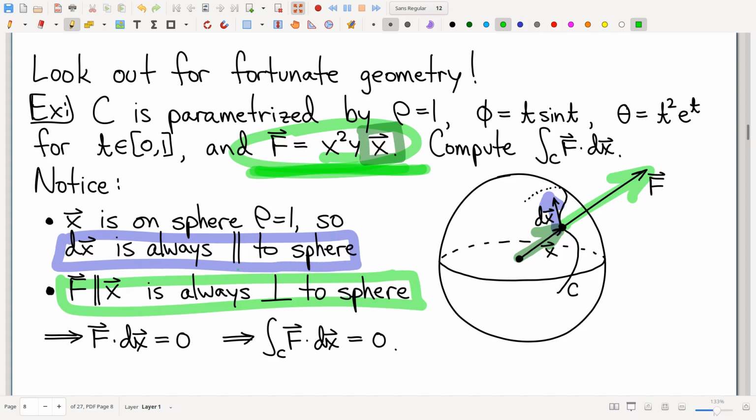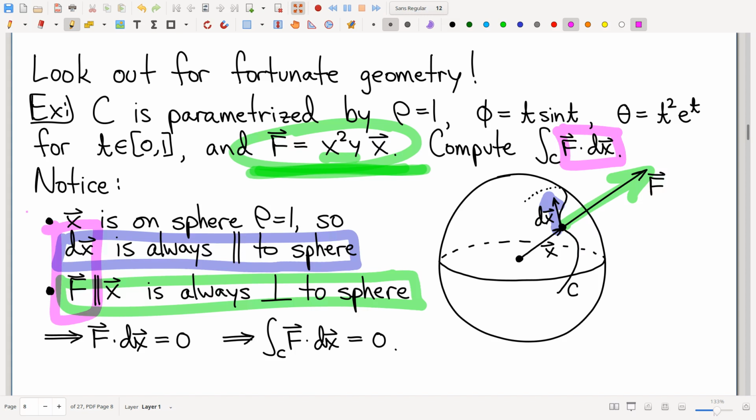So now all together, look at these two different conclusions we've had. We've made convenient little geometric arguments about both the vector field and the curve. Here's my f, here's my dx. I'm interested in the dot product, f dot dx. Oh, these two vectors are perpendicular.